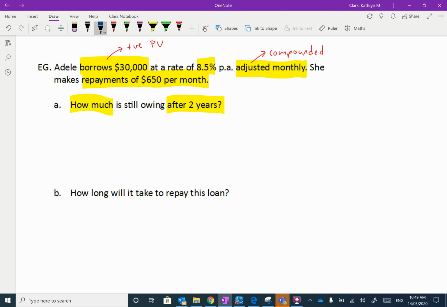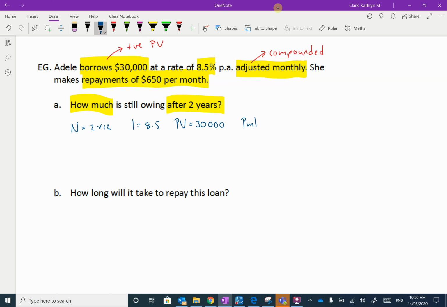So let's go through our process. How many payments has she made after 2 years? Well, she's made 2 years of monthly repayments. Our interest rate is 8.5%. She borrows 30,000, and that makes her happy, so it's a positive value.